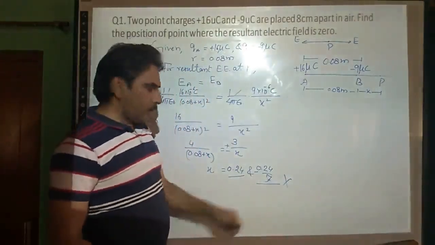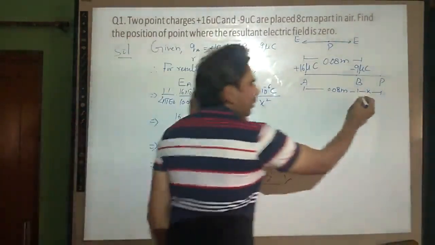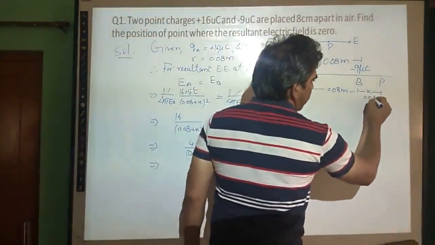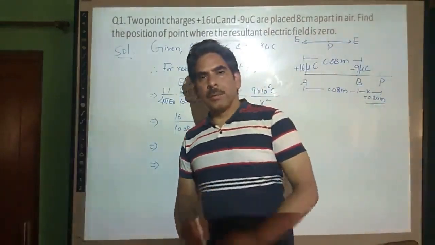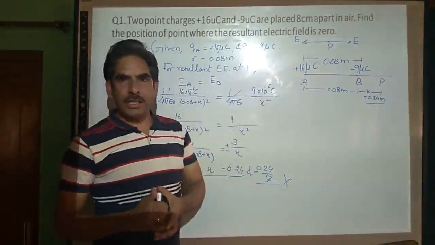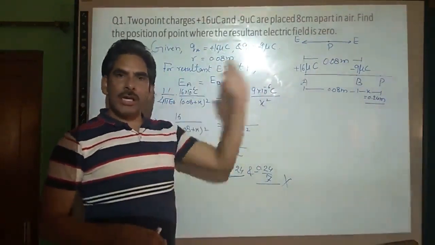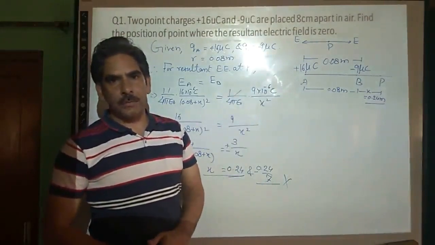This cannot be the possible case. Only we are left with this one. So x is equal to 0.24 meter. Therefore the point P, where we want the resultant electric field to be 0, lies towards the right of this negative 9 microcoulomb charge.